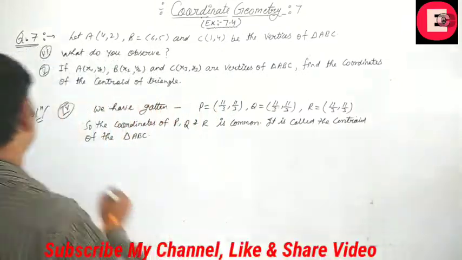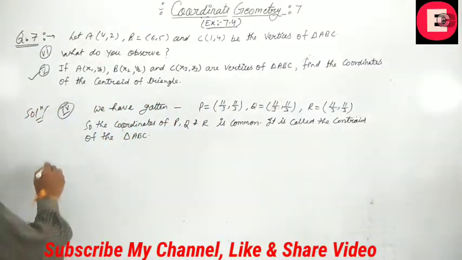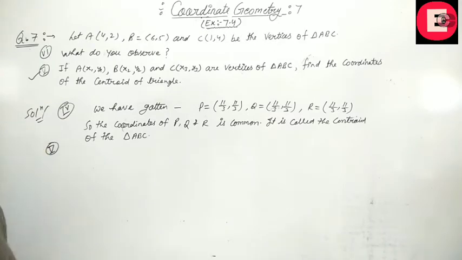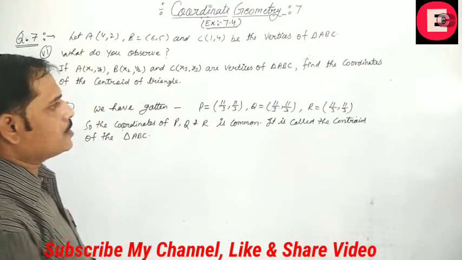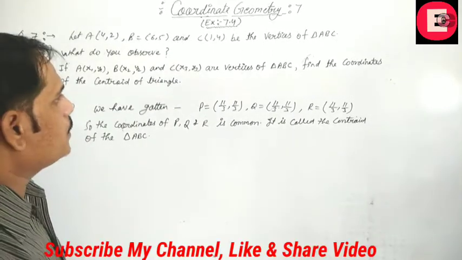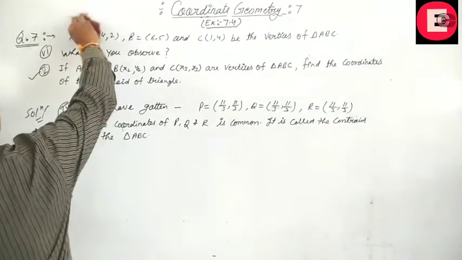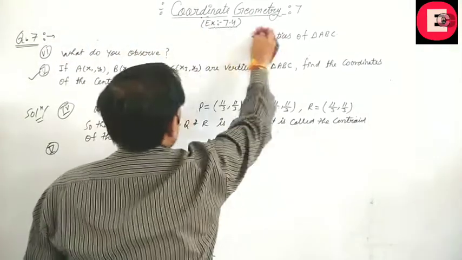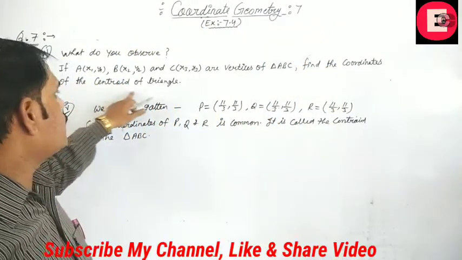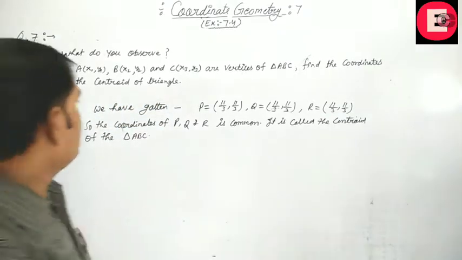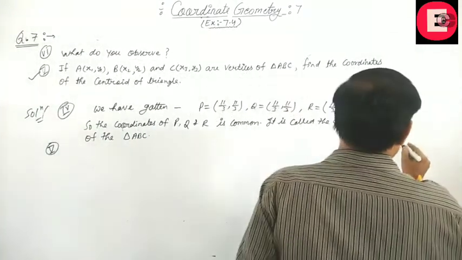Now we are going for the fifth part of the question. Here, if A, B, C are vertices of triangle ABC, find the coordinate of the centroid of a triangle. Clear? First, we will draw a diagram.